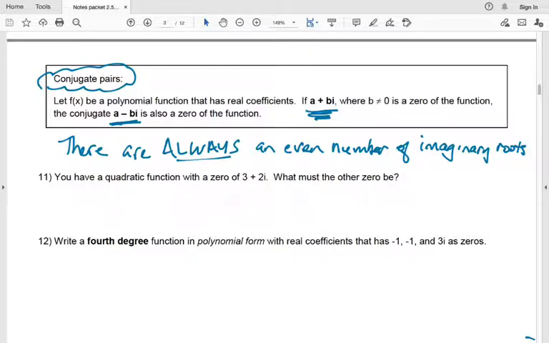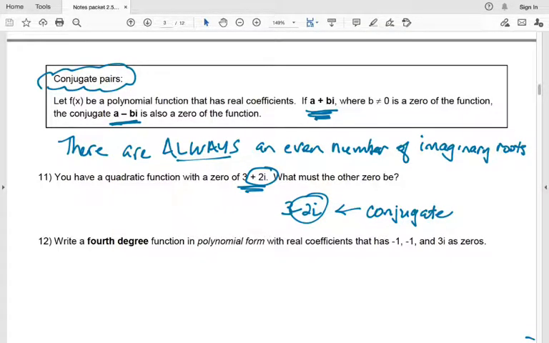So, for example, if you're told that one of your zeros is 3 plus 2i, another 0 has to be 3 minus 2i. That gives you an even number of imaginary roots, and this right here is the conjugate of the original one we were given. The imaginary part, one will be a plus and one will be a minus. That's what makes it a conjugate.